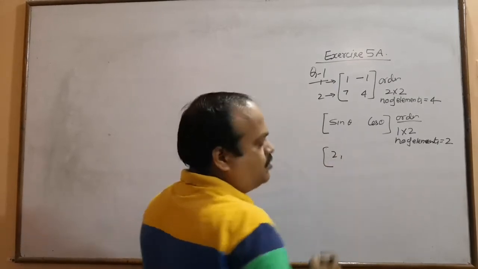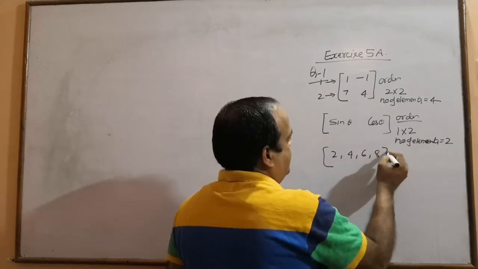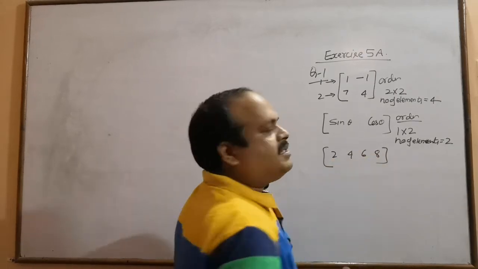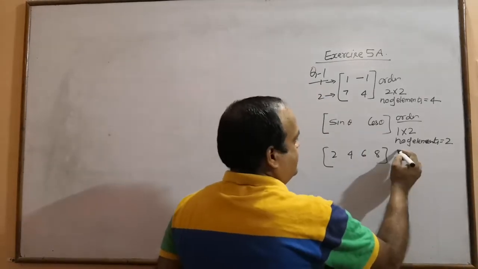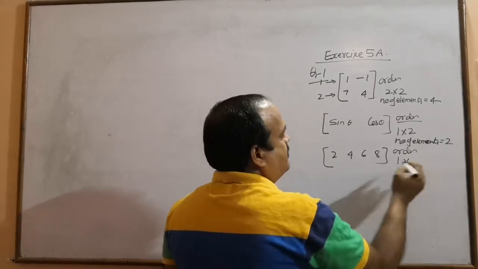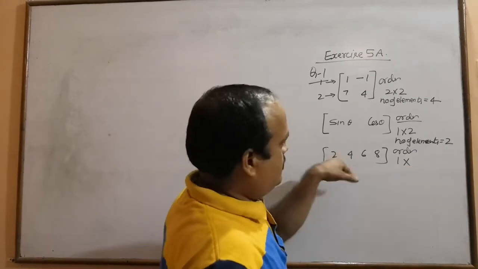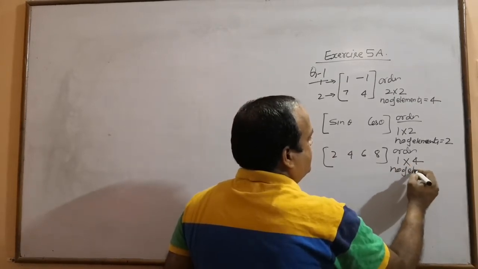Next one, 2, 4, 6, 8. Its order is 1 cross 4. Number of elements is 4.